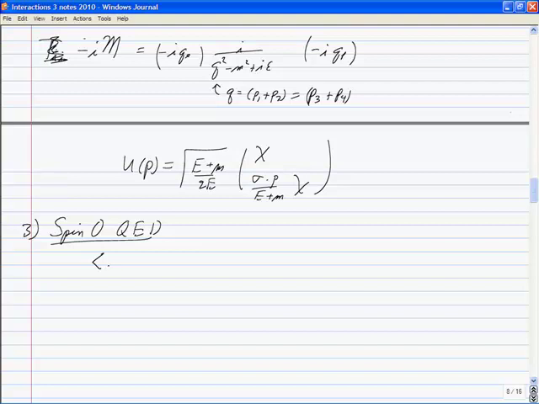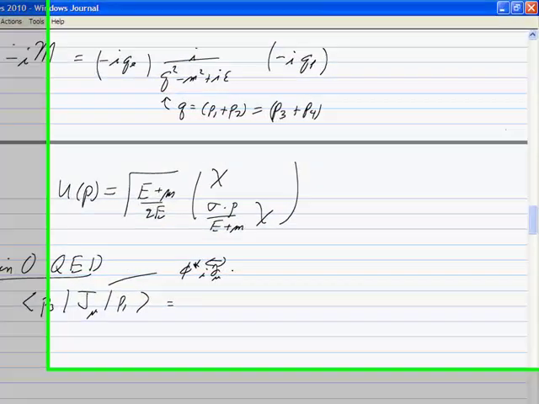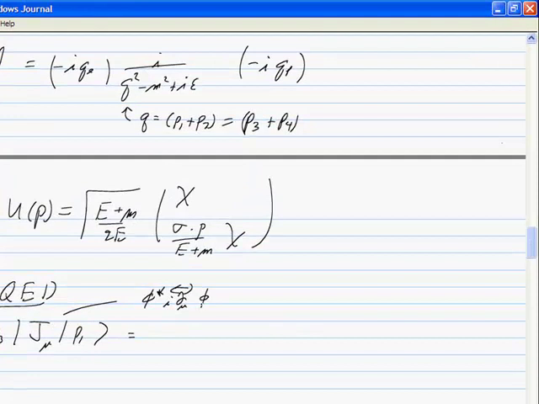If I took p3, current, p1, this current, the electromagnetic current for this guy was phi star i d mu left minus right phi, with a charge in front of it, Q.